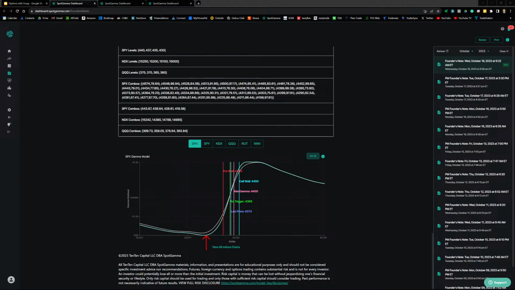But otherwise, as traders continue to buy puts, market makers sell the puts, their position will become more negative gamma. But they're delta neutral. They're always delta neutral. So that's why they continue to sell puts as traders buy puts, and their position on the gamma curve continues to move lower. All right, so Alexandra, I hope that makes sense.